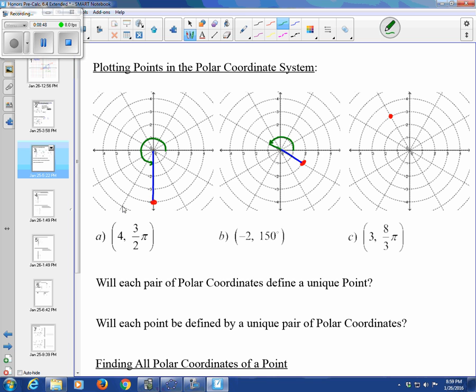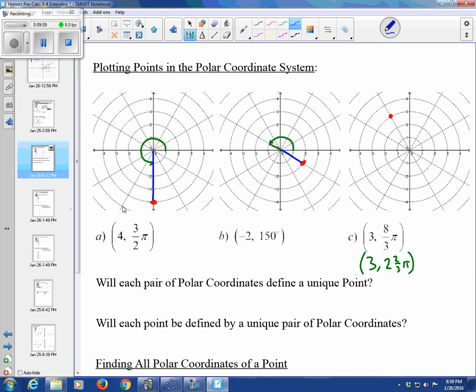If we look at our C, we're traveling a distance of 3 units in the direction of 8/3 pi. Now, 8/3 pi is a rotation that is more than a full rotation, or 2 pi. And what we can think is that this is actually a distance of 3 in the 2 2/3 pi direction.